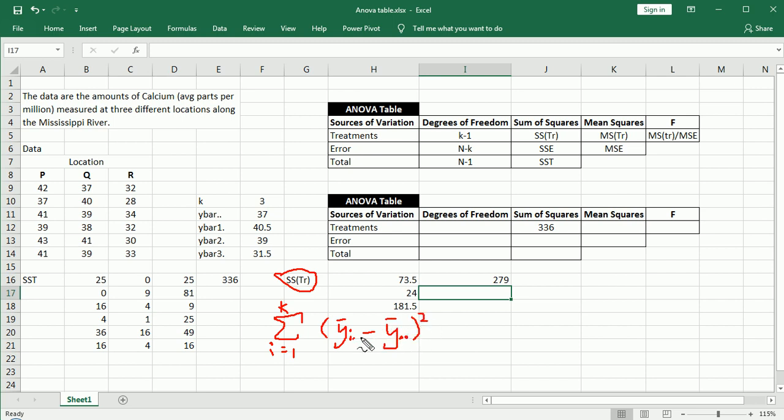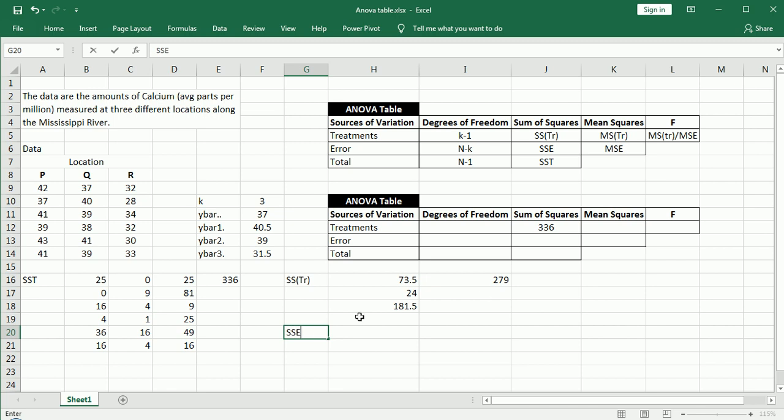I think I just left it at this, but actually you need to multiply each of these terms by the sample size of the respective group in question, which is exactly what we did here, and here, and here, and then sum them all. Okay? And then finally, let's get sum of squares from error.